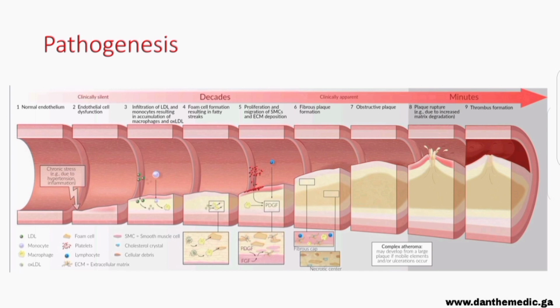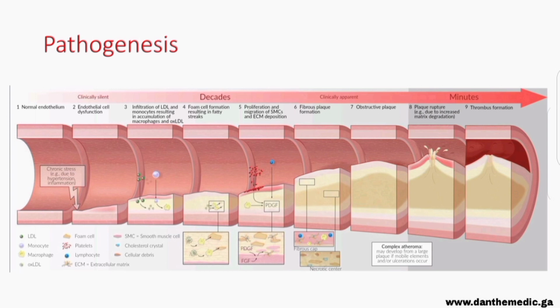So now, as for the pathogenesis, basically, chronic stress on the endothelium can lead to endothelial dysfunction. And then when there is endothelial dysfunction, there is invasion of the inflammatory cells, and then we have adhesion of platelets to the damaged vessel walls.